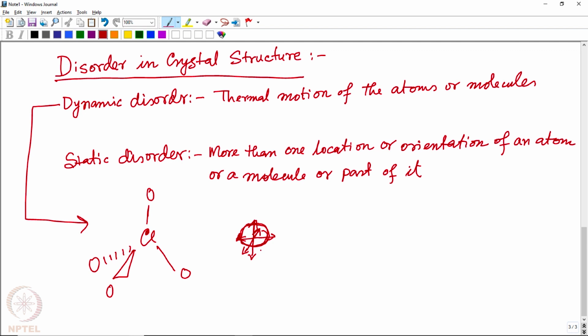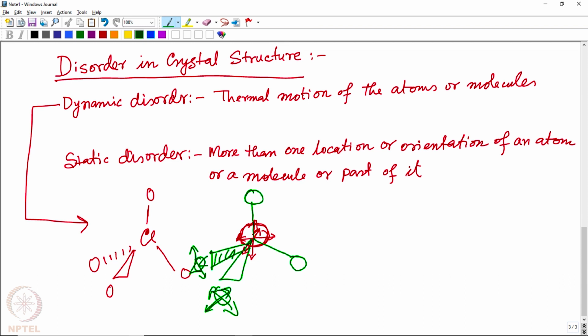As a result of that, the oxygen atoms which are connected also are vibrating in all the possible directions.